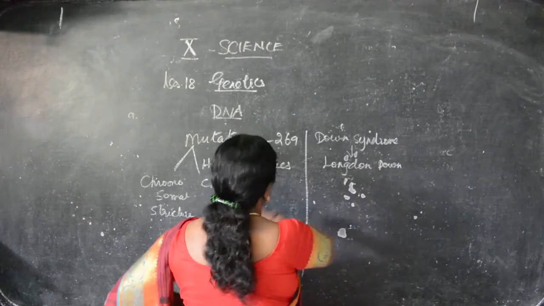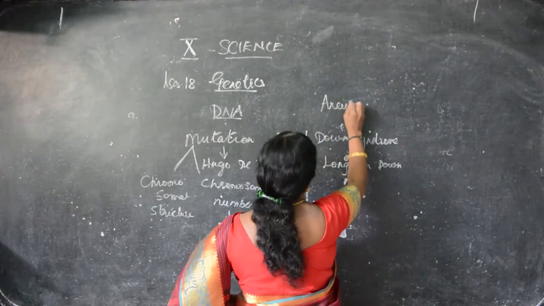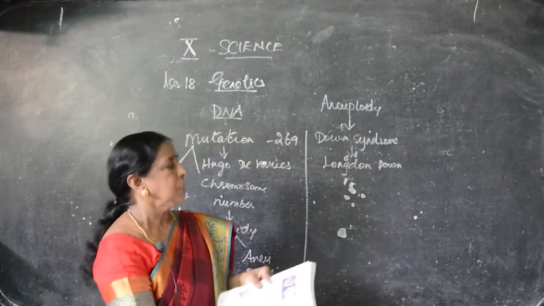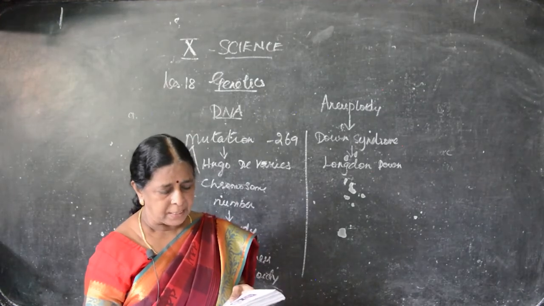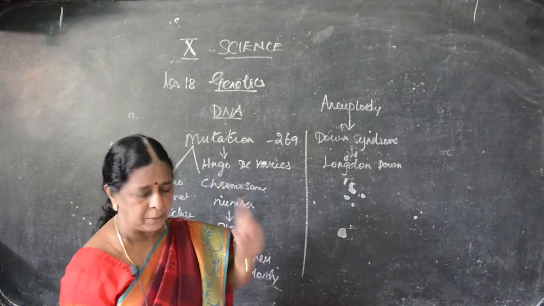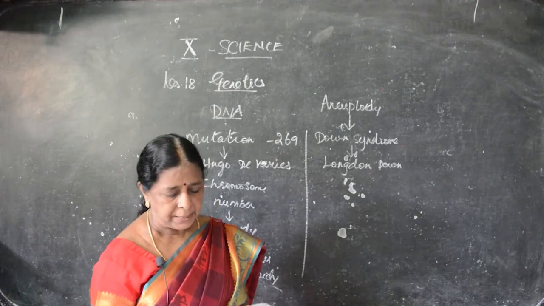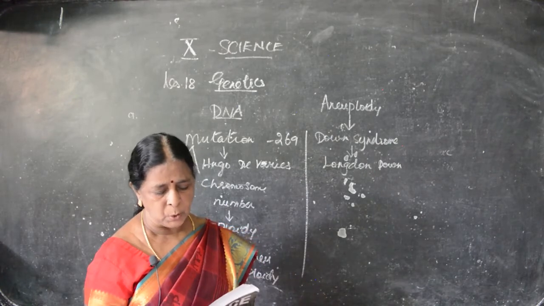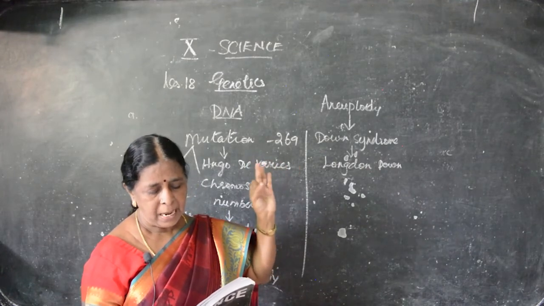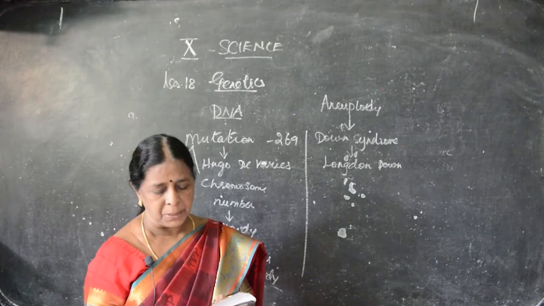This is diploid, aneuploidy. Because of aneuploidy, there is loss or gain of one or more chromosomes in a set of chromosomes. These may be 3 types: monosomy, trisomy and nullisomy. Monosomy is 2n minus 1, where 2n means the diploid number, minus 1.